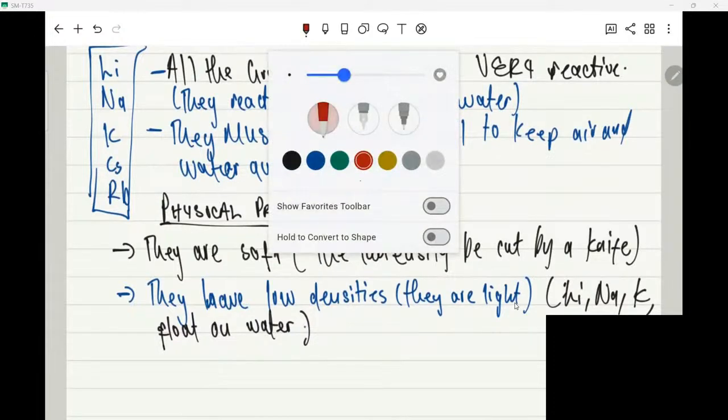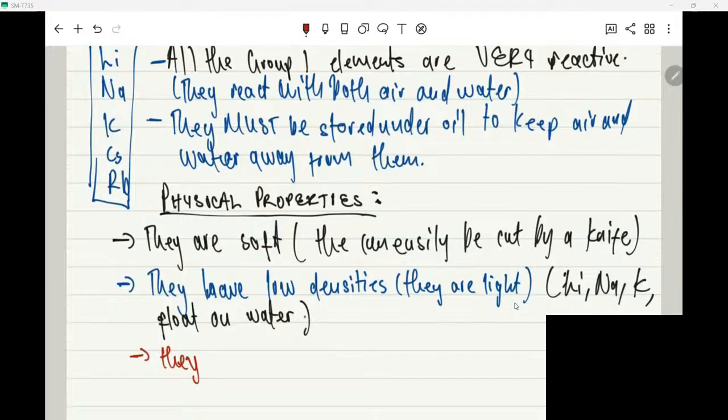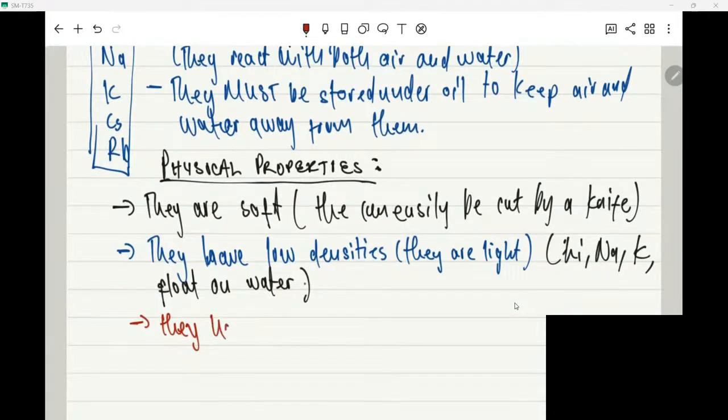Another physical property I want you to have is that they generally have low melting points.